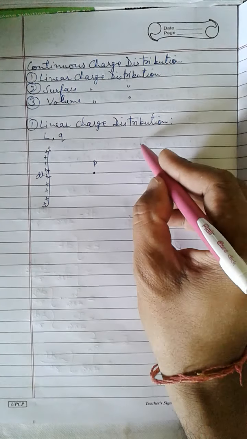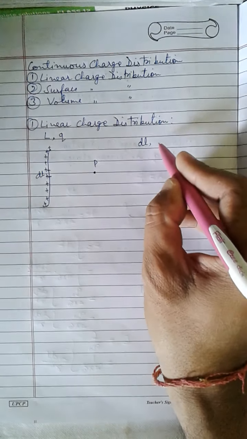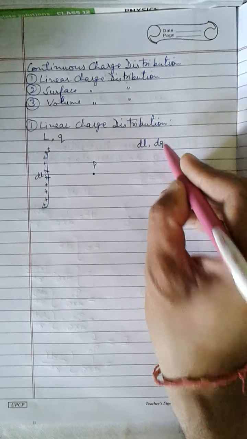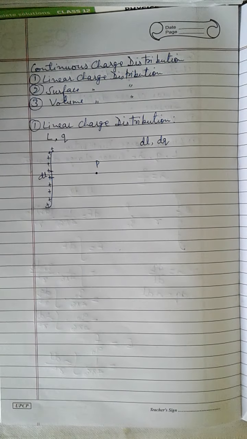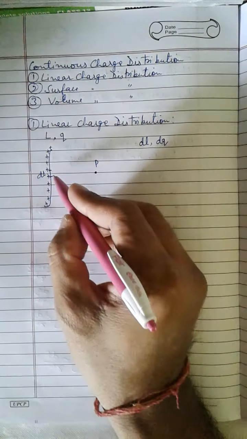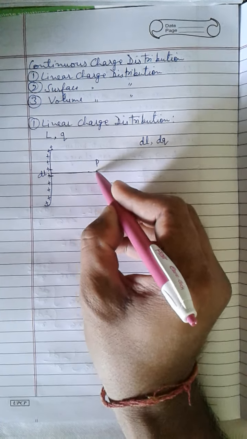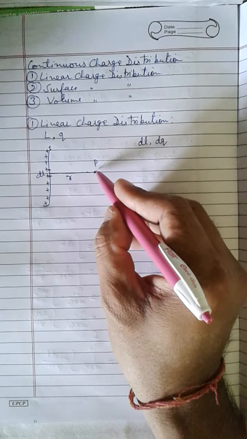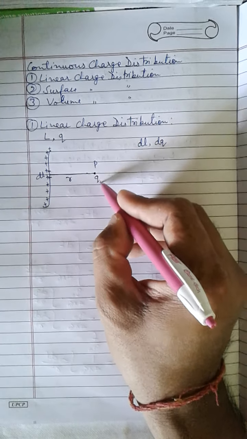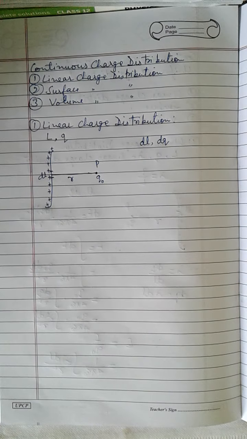So suppose this dl length has charge dq. Fine. So we can say, suppose the distance of this element from P is small r, and at P the test charge is Q naught.